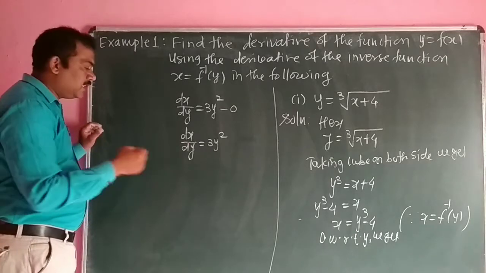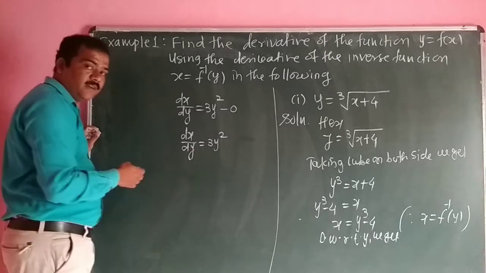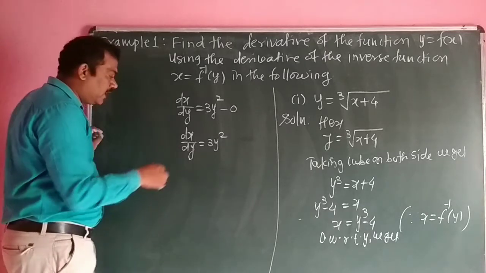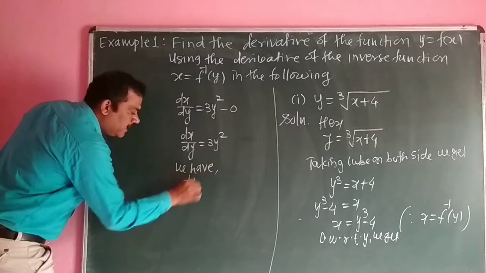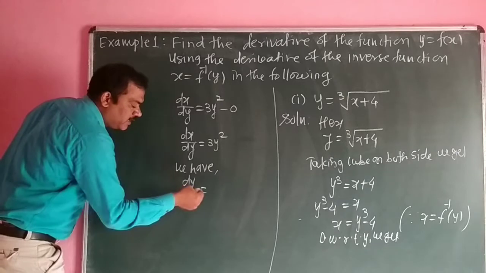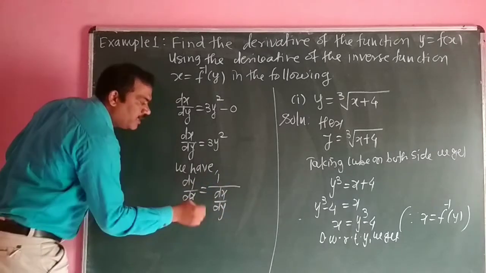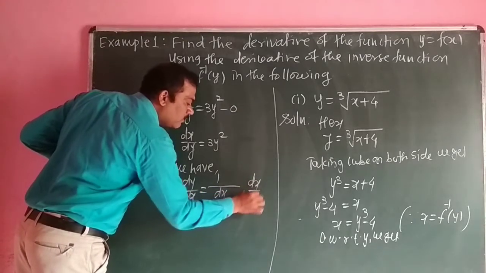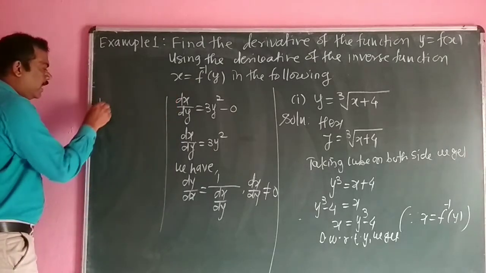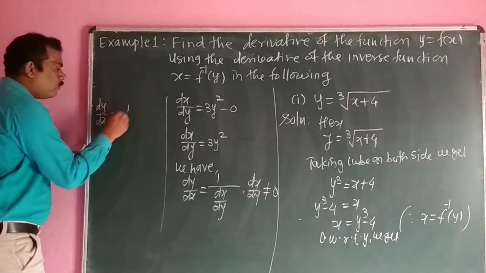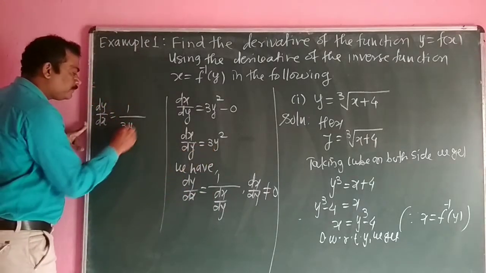Already we have discussed the theorem. With the help of that theorem, we can write dy by dx is equal to 1 upon dx by dy, where dx by dy must not be equal to 0. Substitute the corresponding values: dy by dx is equal to 1 upon 3y square.